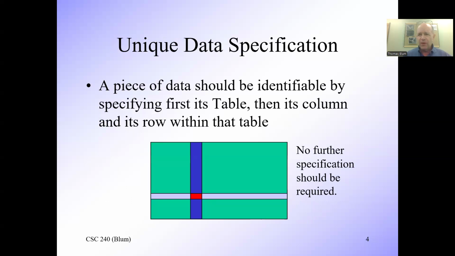One thing we desire in the resulting database is that each little piece of information should be accessible and identifiable.